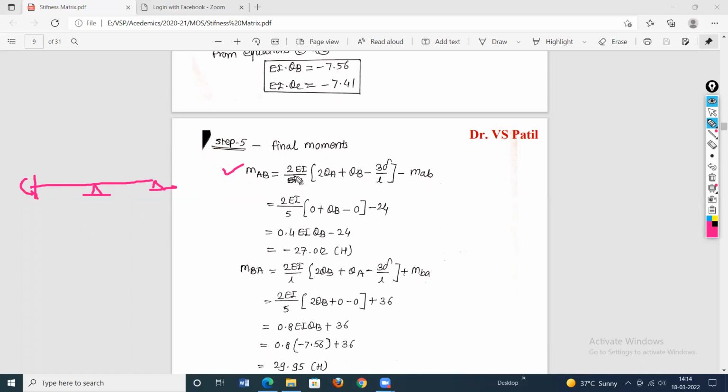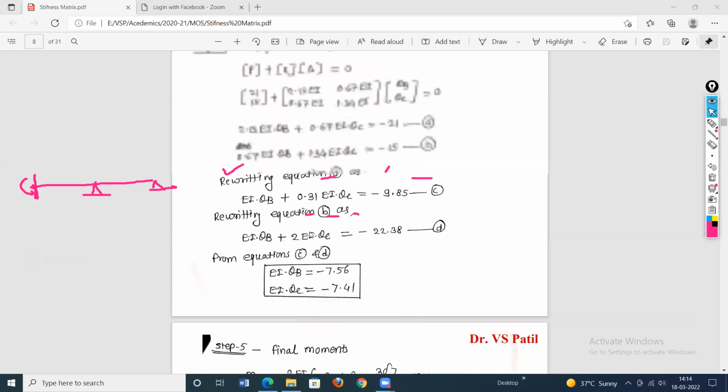So here substitute the values. It is 2 EI by L, and the span of this first span is 5 meters. Now 2 theta A: since this is a fixed support, the slope will be equal to 0, plus theta B, keep as it is, minus delta. Delta in this equation is the level difference between A and B. There is no level difference, therefore the delta value is 0, so this term will be 0. And then this is the initial fixed end moment. MAB is already calculated.